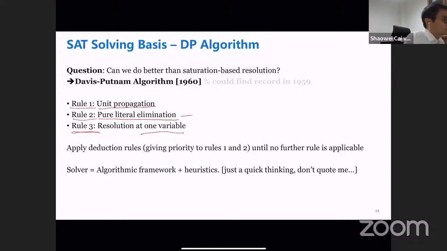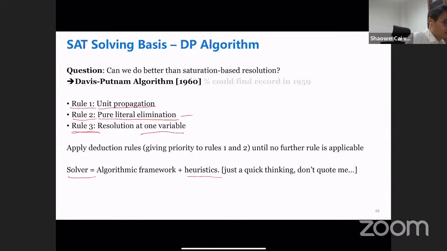From this DP algorithm, I think a solver is more like an algorithm plus heuristics, because the framework here is modified from resolution, but it introduced some rules about unit propagation and resolution on one variable at a time.